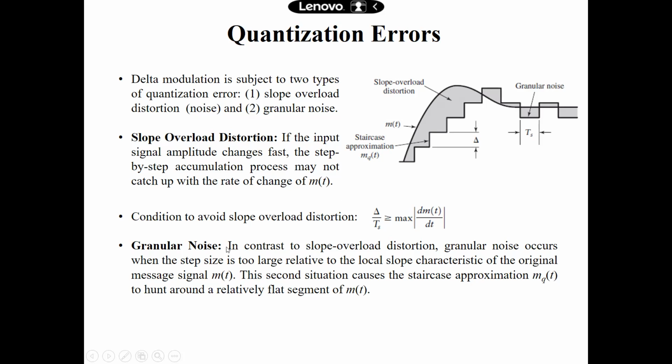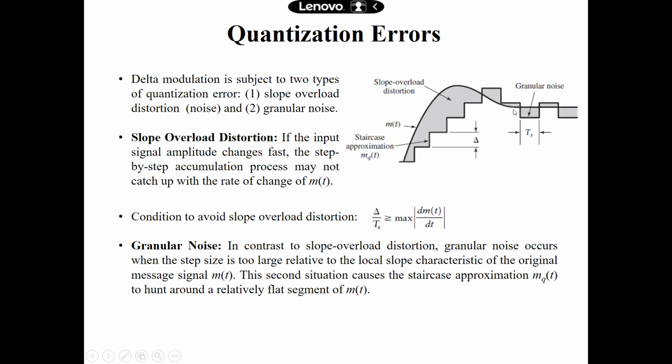Second is your granular noise. So what happens here is that you have the message signal high. In granular noise, your step size is much higher than your message signal. In contrast to slope overload distortion, granular noise occurs when the step size is too large relative to the local slope characteristics of the original message signal.